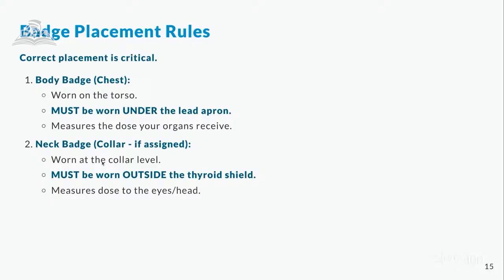For the neck badge, if you are assigned one, because this depends on the risk profile, that means you are working with fluoroscopy, most likely. You'd wear it at the collar level and outside your thyroid shield. This is important because we use it to get an approximation and the measurement of the dose to your eyes and your head.